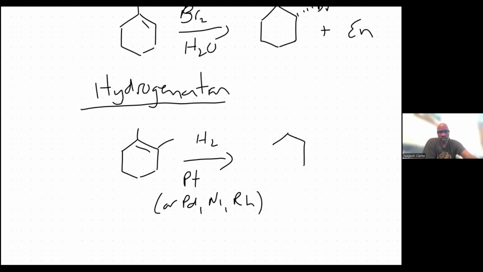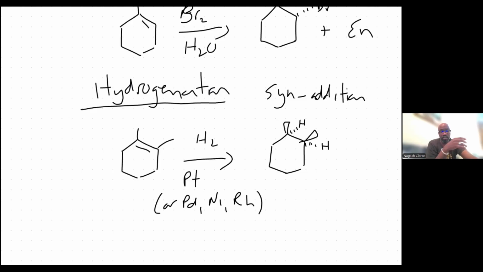So look at what happens here. This is my product. I get a cis, so we'll call this syn addition. My hydrogens add on the same side of the molecule. Could be the top side or the bottom side, right? So you can get stereoisomers.